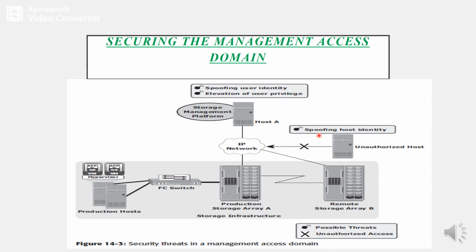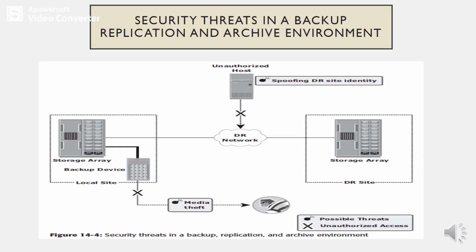The identity of host A will be taken by this unauthorized host, and it can try to access storage array B. We have already discussed security threats with respect to the access domain as well as in the management access domain.